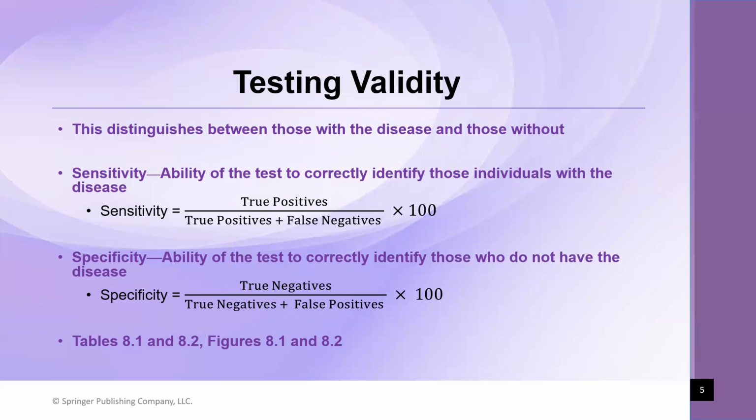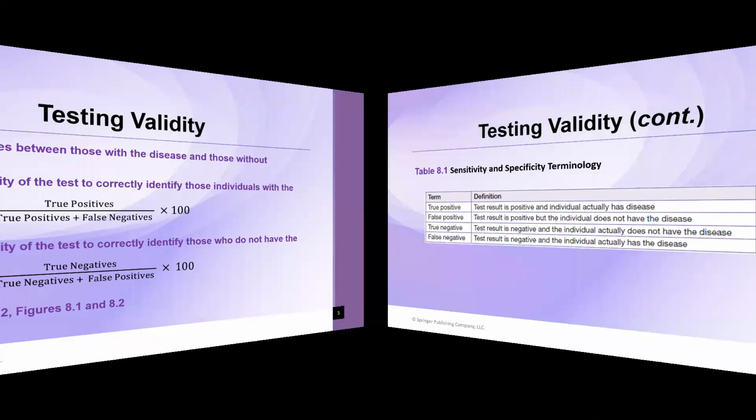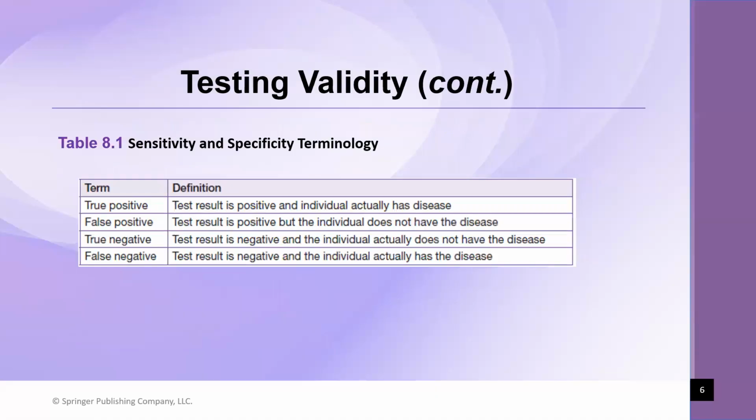If you look at those tables and figures in your book, they will give you a little visualization to help understand that better. When we're looking at specificity and sensitivity terminology, these are some of the terms that are used. You can read through those and just be aware of them.